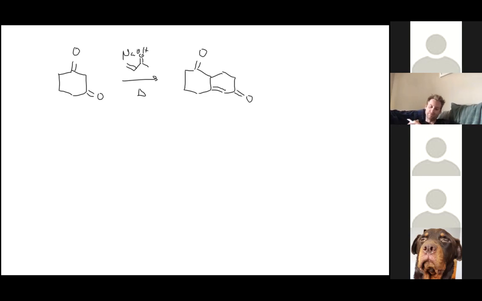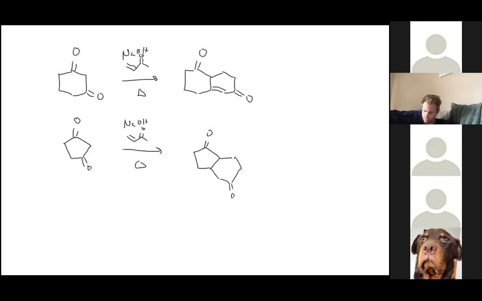If we make a 5-membered ring for the starting material, the only difference is that this left ring is now 5-membered. Like so.